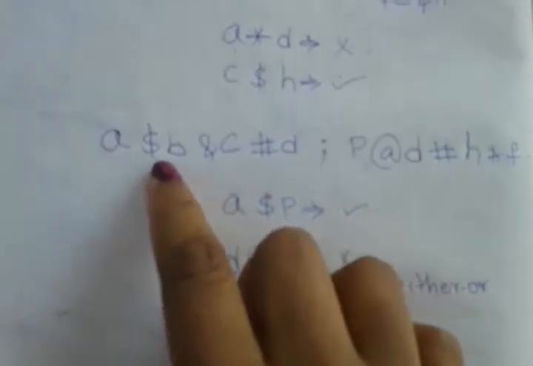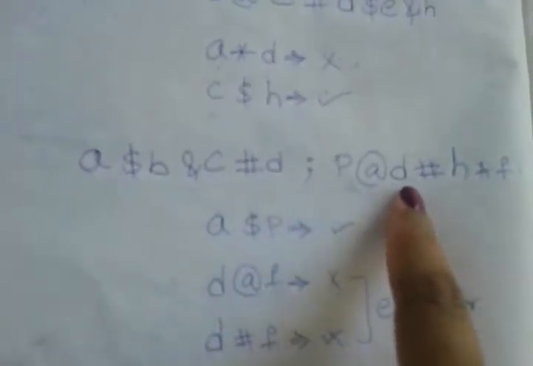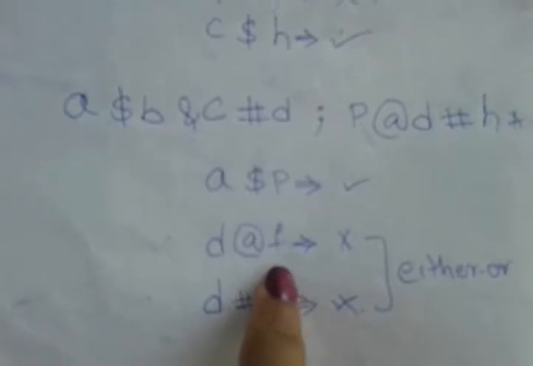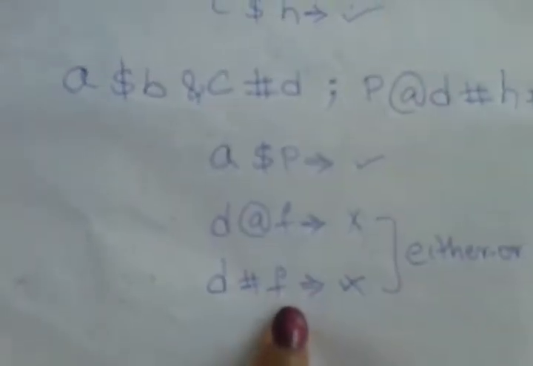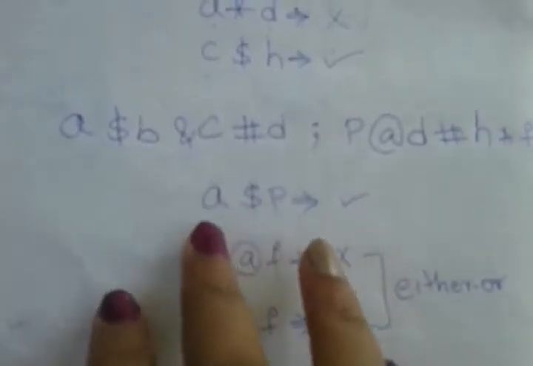See one more problem. A dollar B, B @ C, C ash D, P @ D, D ash H, H star F. Okay, A is dollar with P, D is @ F, D is ash F, they are asking. So how will we solve this? We will see now.